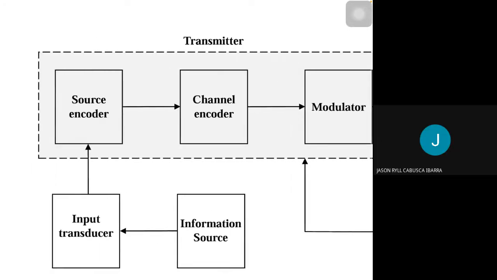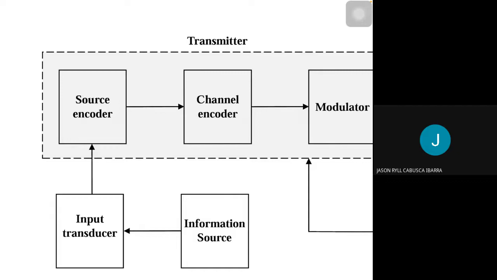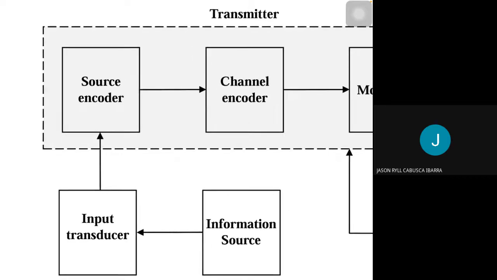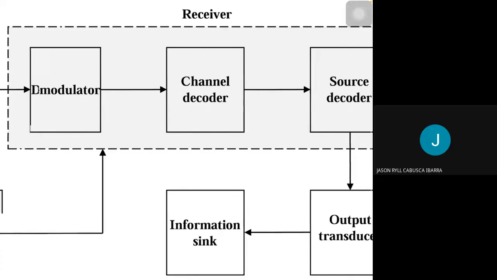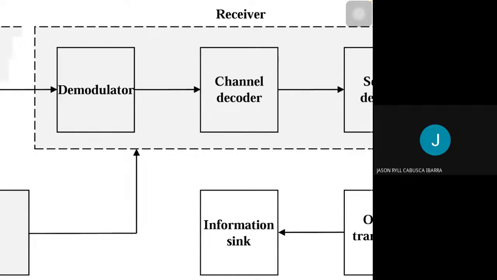So I think the key parts here that would be very new to us are the source encoder and channel encoder, and the same on the other side, the decoders: source and channel decoders.